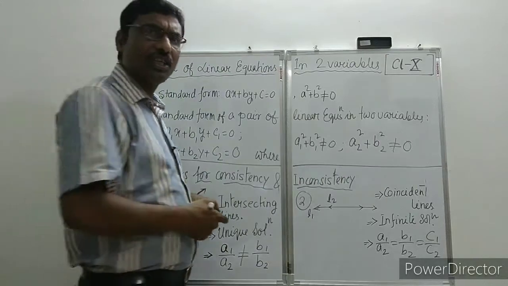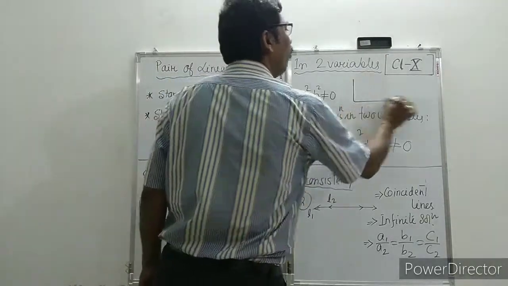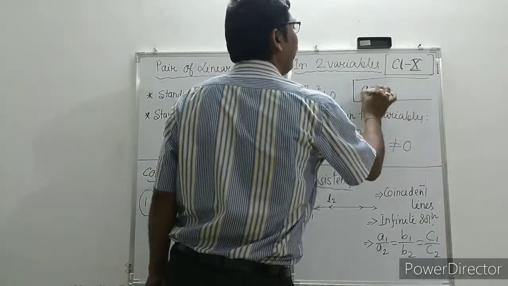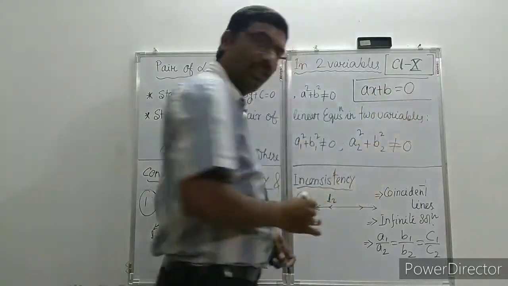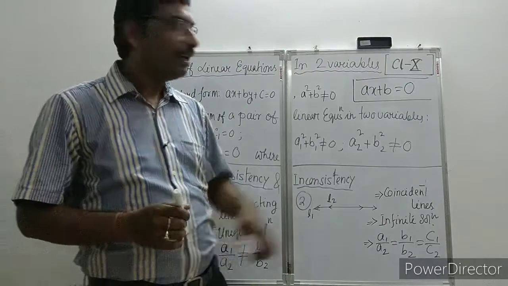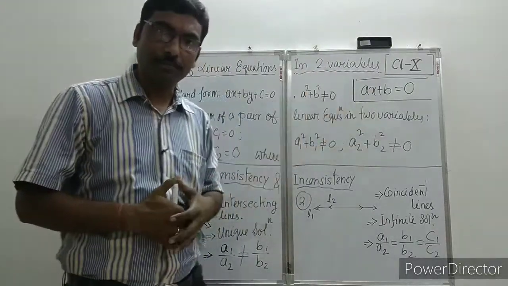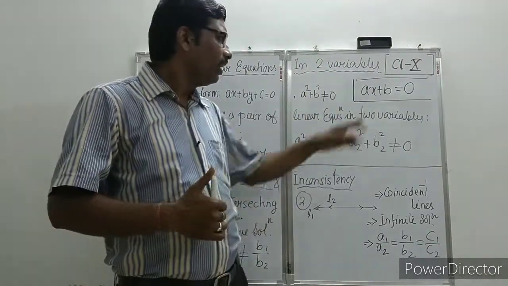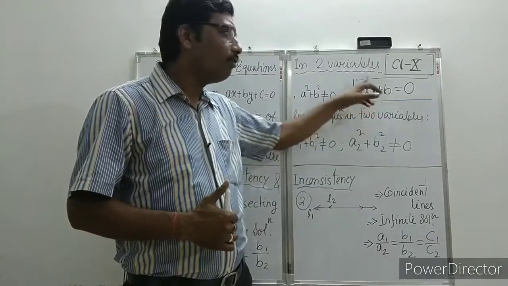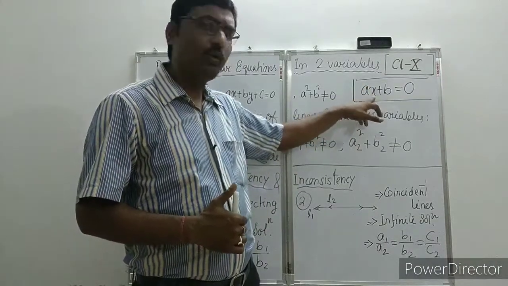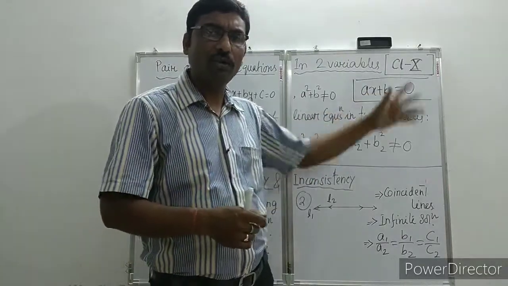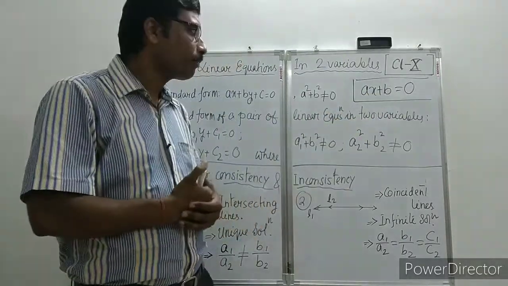The standard form is ax plus b equal to 0, where a is not equal to 0. Because if a equals 0, then 0 into x becomes 0, so b equal to 0, an invalid statement, will become.